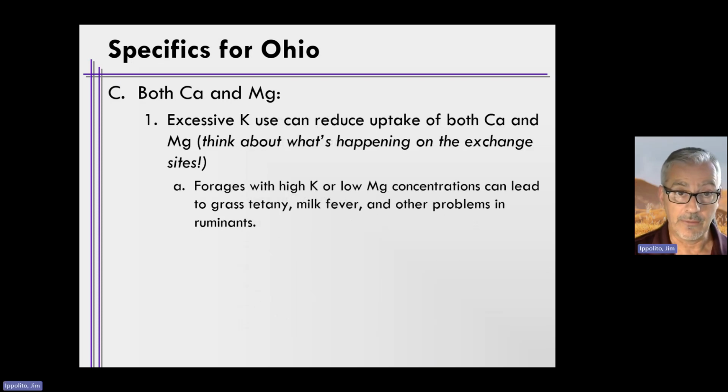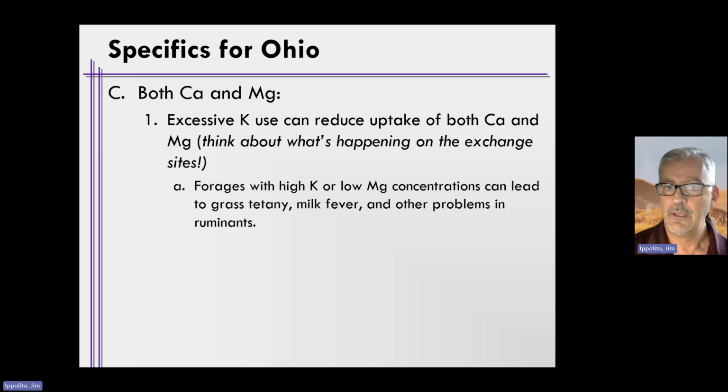And then there's a kicker, all right? So if we talk about both calcium and magnesium together, excessive potassium in soils can reduce the uptake of both of these elements. So you think about what's happening on the exchange sites. Excess potassium on exchange sites means there's less buffer of calcium and magnesium on the exchange sites to buffer the removal of calcium and magnesium from the soil solution.